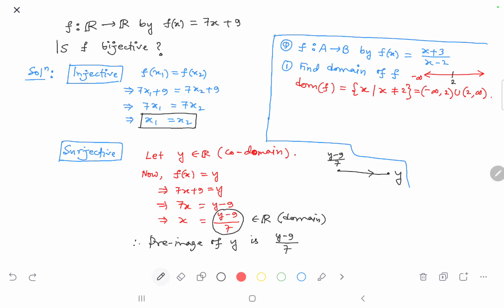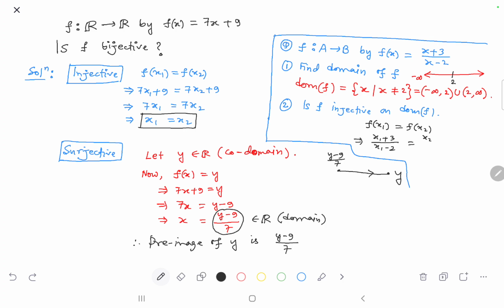Now, is f injective? Check it on its domain. So start with f(x1) equal to f(x2). So x1 plus 3 divided by x1 minus 2 is equal to x2 plus 3 over x2 minus 2.